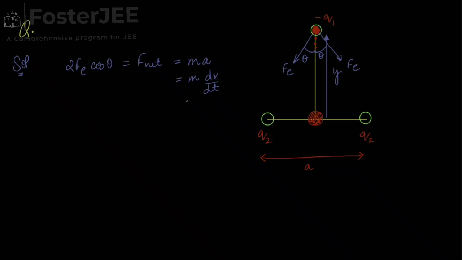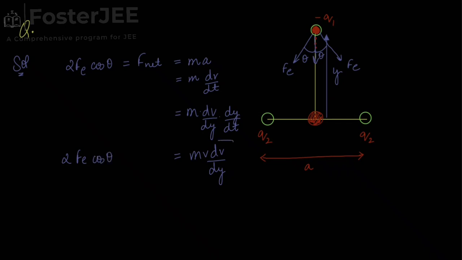So we will replace, by chain rule, a = v dv/dy times dy/dt, and we know that dy/dt is the rate of change of distance, that will be its velocity. So we will write m v dv/dy equal to 2Fe cos theta.